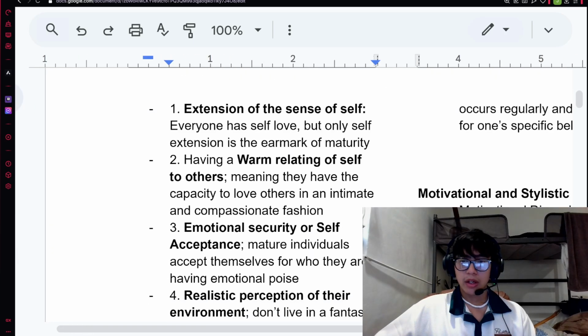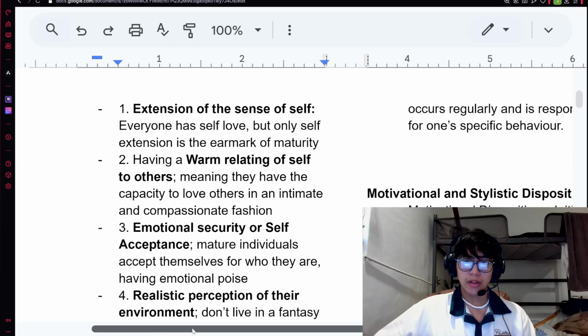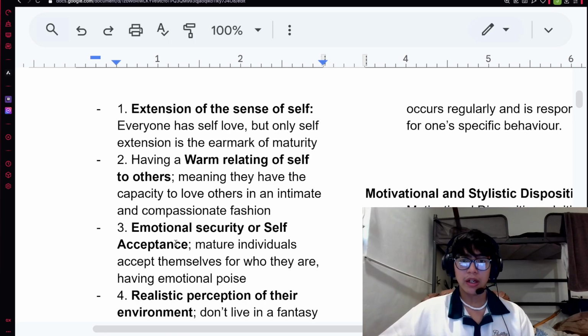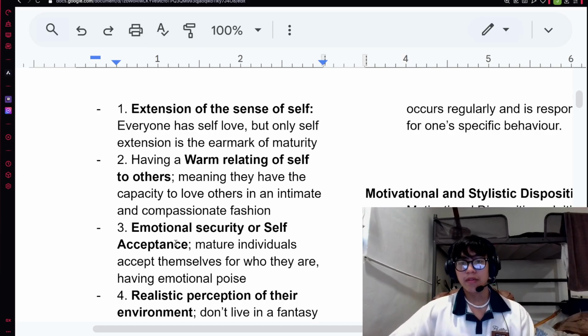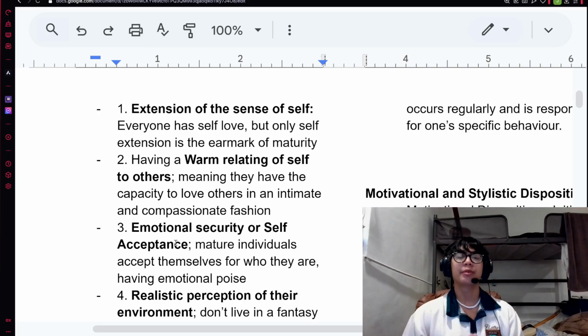So we have the extension of the self here. Number 1 is extension of the sense of self. The definition here is that everyone has self-love, but only self-extension is the earmark of maturity. Now, what does this mean?